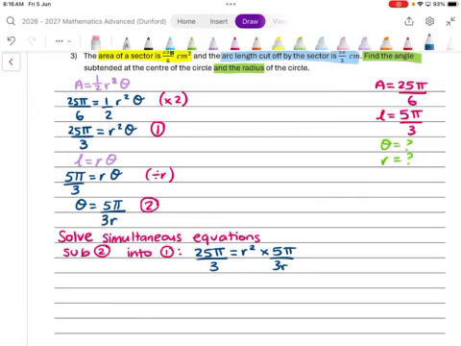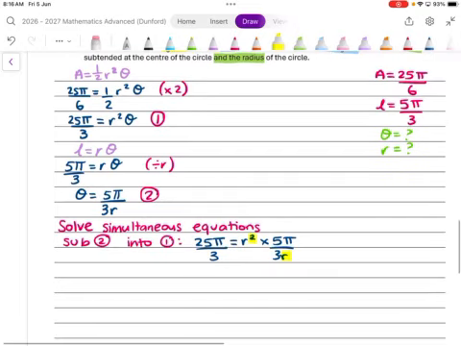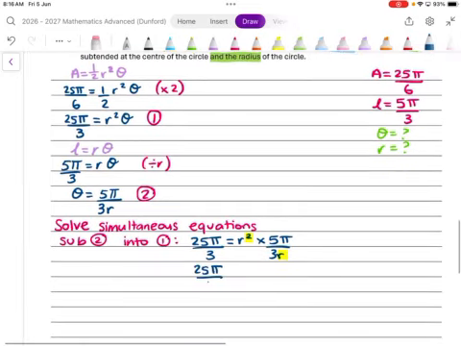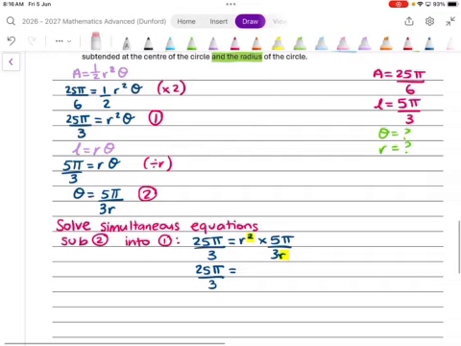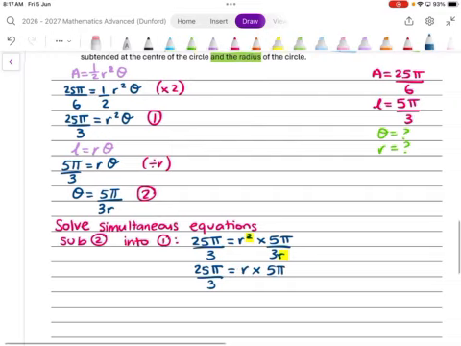Now, hopefully we can all see that we have r squared over r. So one of the r's on the top is going to cancel out with the r on the denominator. And so what happens there is we're left with 25 pi over 3 equals r times 5 pi on 3.